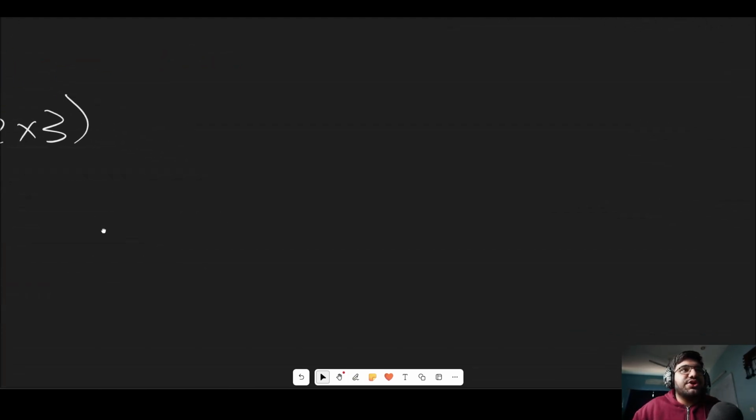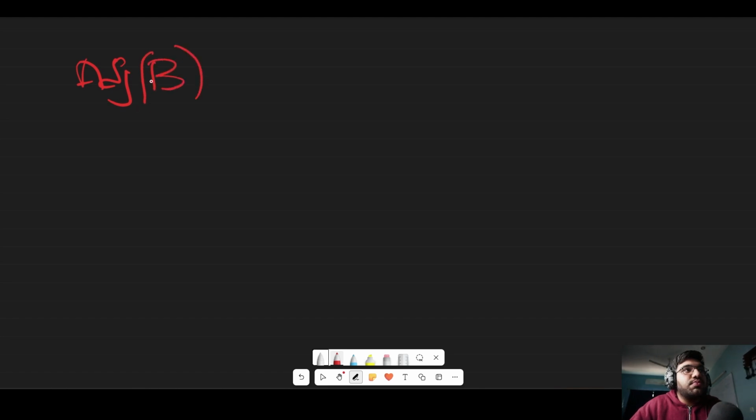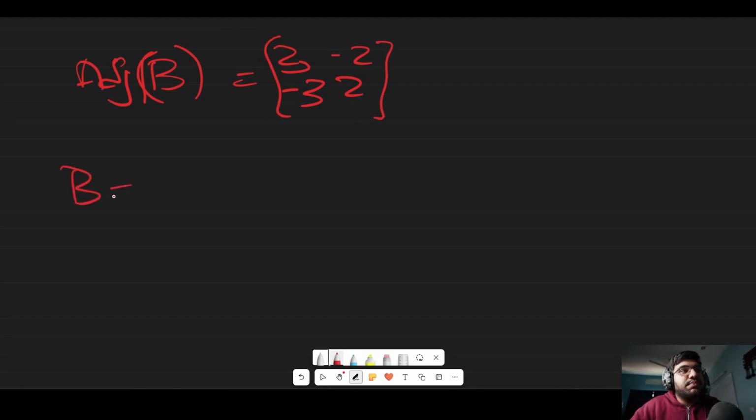Let's take the adjoint as well. Adjoint of matrix B would be minus 3... okay, so this is the adjoint. Since the matrix was 2, 2, 3, 3, these positions would be changed: minus 2, minus 3. So the adjoint is right.